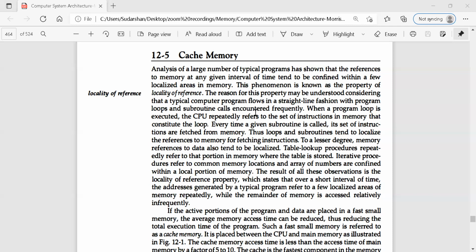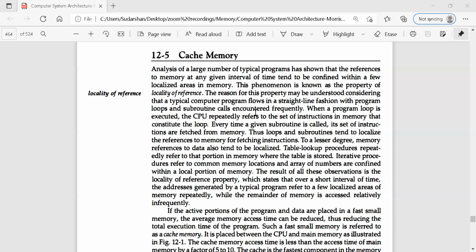How can you store data in cache memory? What is the other important difference? Primary memory is volatile. Cache memory is also volatile. Primary memory is made up of dynamic RAM, that is using capacitors, DRAM. Whereas cache memory's design principle is based on static RAM. Of course, you know static RAM is made up of transistors, and static RAM is faster than dynamic RAM.